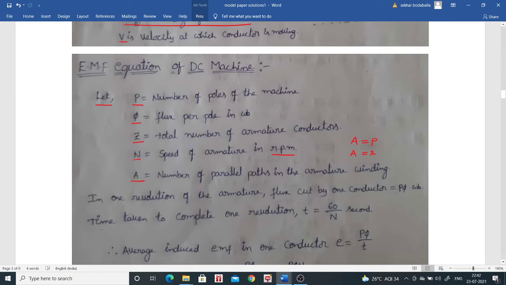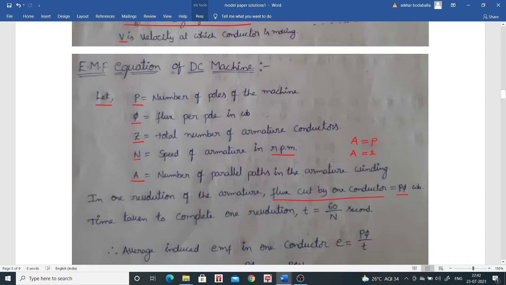Now in one revolution of the armature, if the armature makes one complete revolution, then the flux cut by one conductor in the armature is given by P into phi Webers. Why am I writing P into phi? Under each pole there is a flux phi per pole.